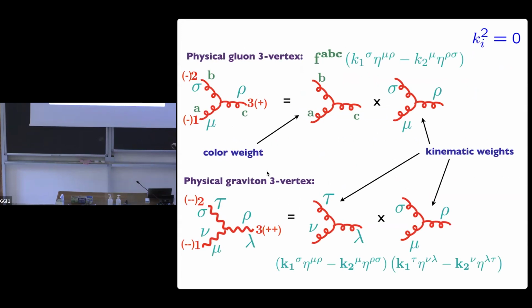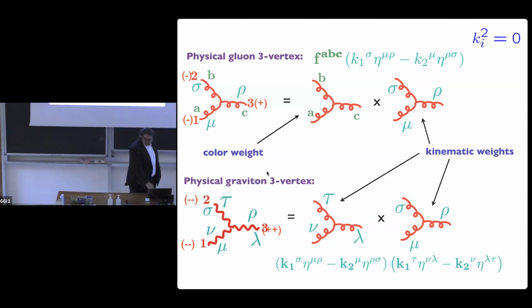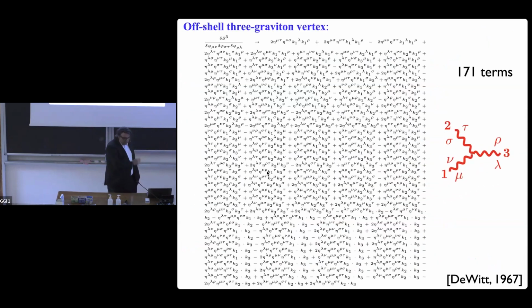And of course, the gravity theory is what you get from the gauge theory when you replace the color weight with another copy of the kinematic weights of the gluon. Now, that's just to contrast, for example, with the off-shell 3-graviton vertex. So you don't want to work with this. You really want to work with the on-shell quantities whenever possible. And in fact, if you can get away with working in your gauge theories to answer questions about the dynamic evolution of space and time, then all the better.